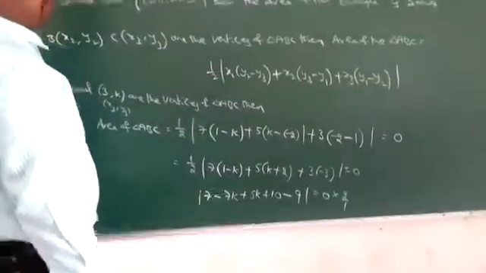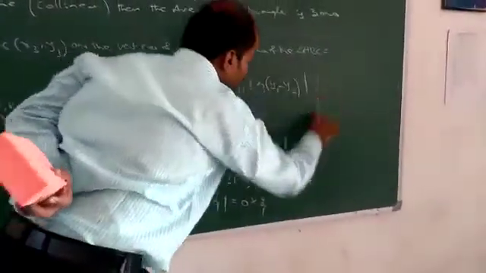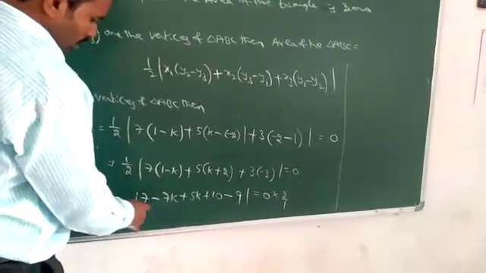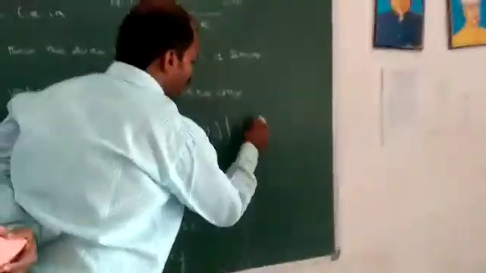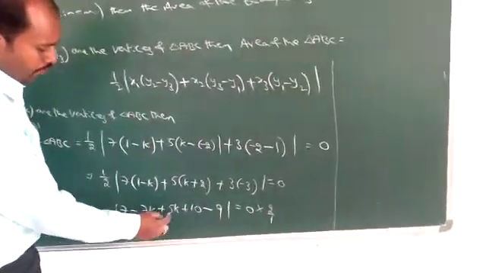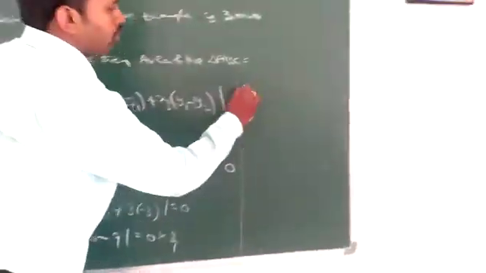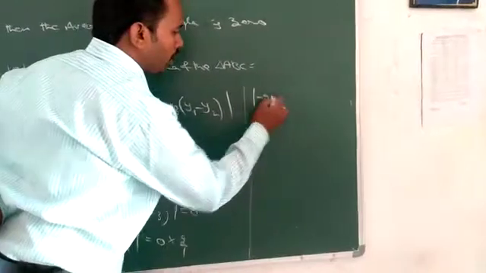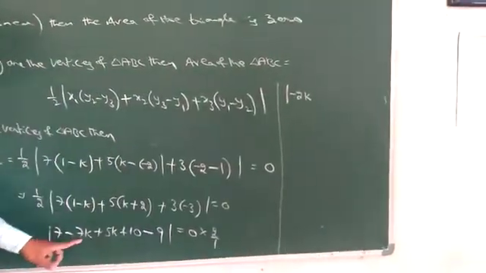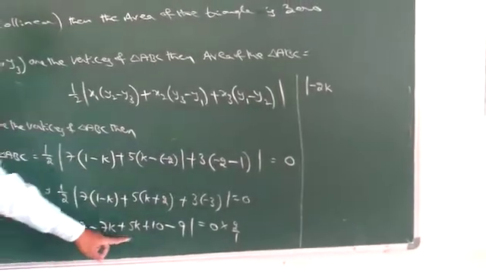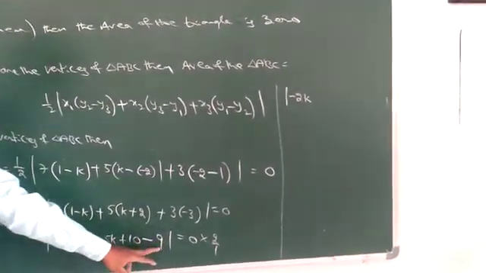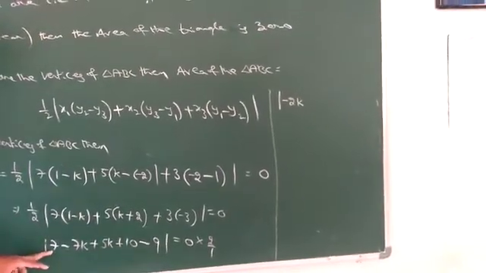So modulus of, simplification now: 7 minus, now you add terms, that is 7k and 5k, variables. You write 5k, 7k, you get modulus of minus 2k. The negative value is more, so 5k positive, 7k negative, you get minus 2k. Next, numbers you add: 10 minus 9 is 1, plus 7 is there, so 8.